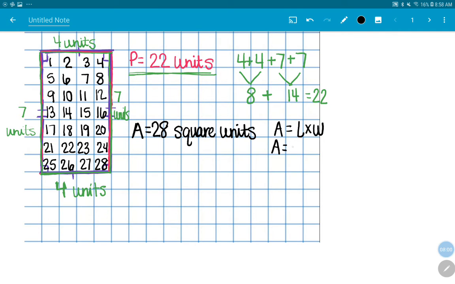So I can do 4, because our rectangle was 4 units long, times 7. Our rectangle was 7 units wide. 4 times 7 equals 28 square units.